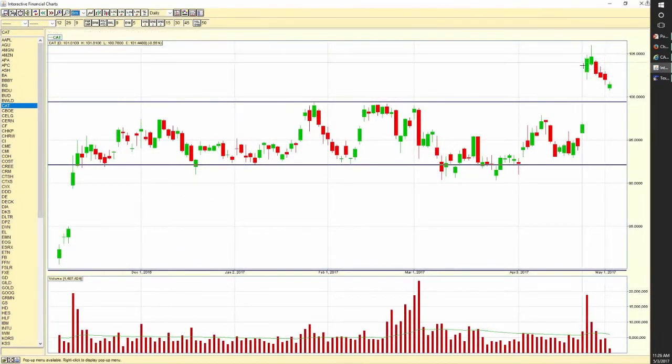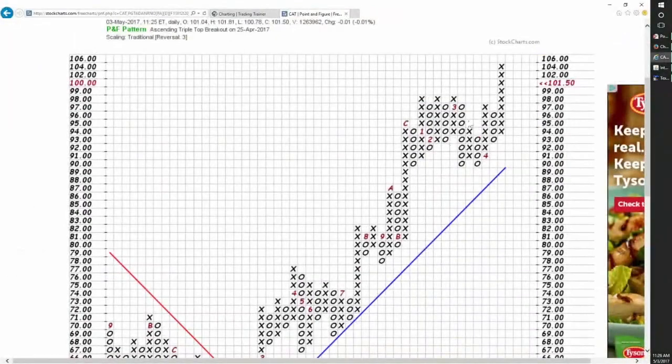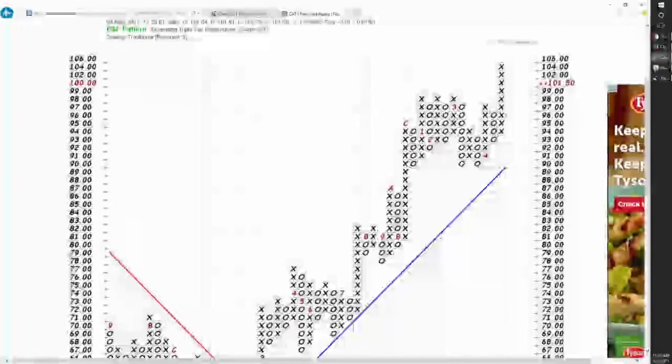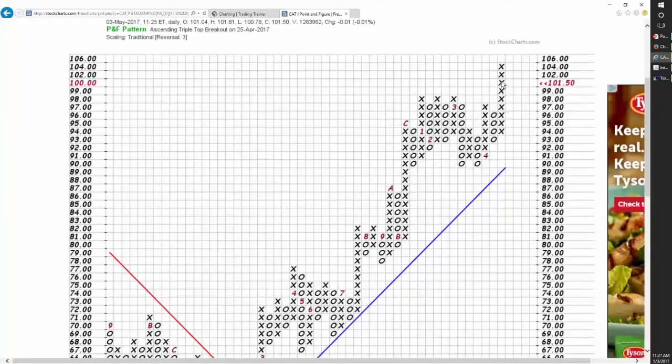We've got a high, a low, an open and a close. With our point and figure charts, each bar or each column represents the amount of time since we've been seeing the last reversal, the last top, the last bottom.